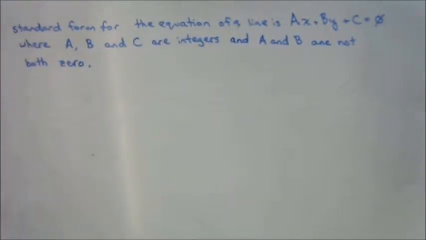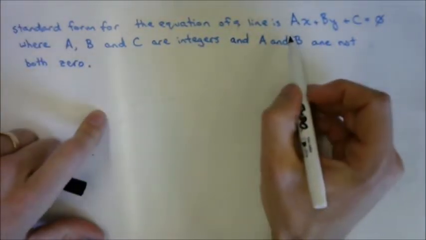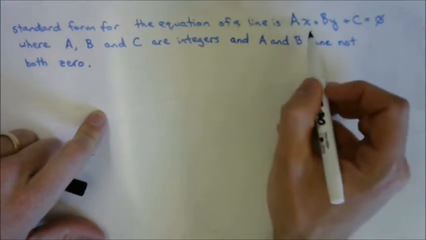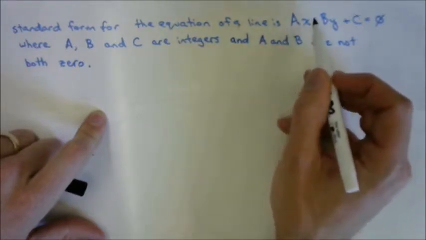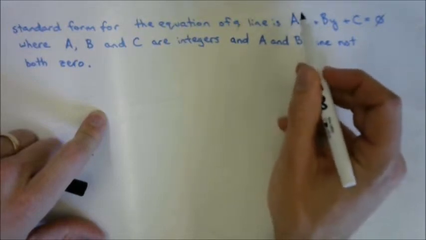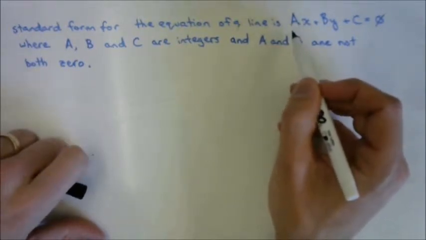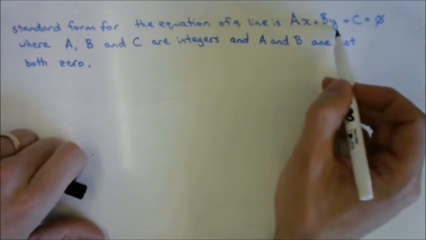Okay, let's talk about that for a second. What would happen if capital A was 0? Then x would be 0. Then this whole term, not everything, just this whole term would be 0. That's fine, because it still leaves us with one variable.